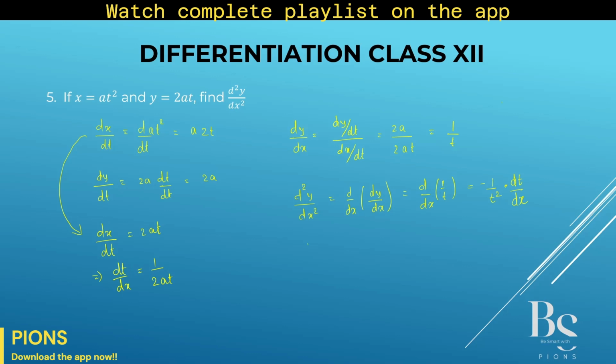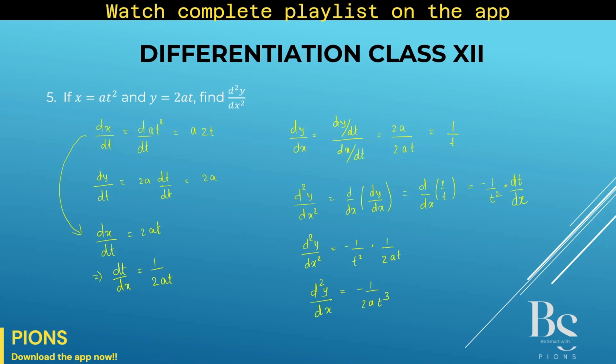So let's substitute here. Our double derivative d square y by dx square will be minus 1 by t square, and dt by dx is 1 upon 2a. So our final answer is minus 1 upon 2a t cube. That is our double derivative of this parametric form.